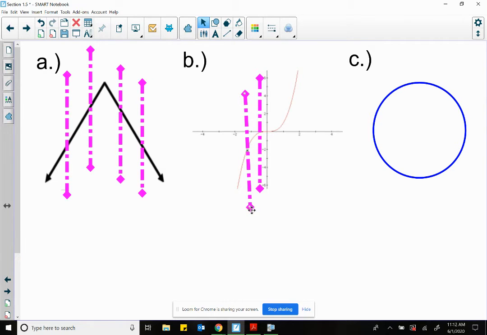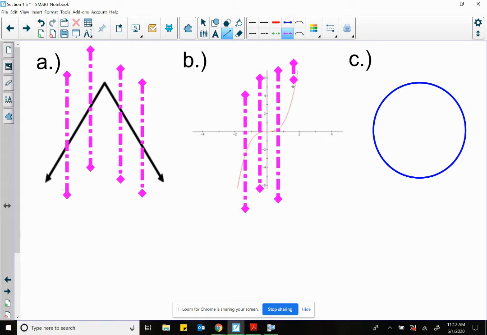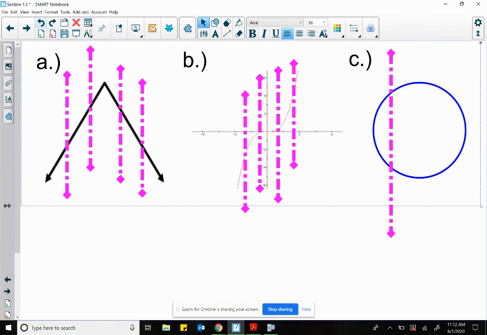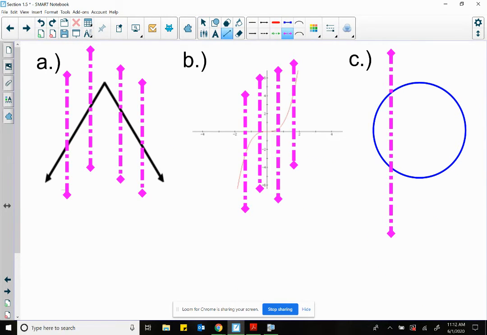That's not so vertical, Mr. Armstrong. There we go. I don't want to move my picture. Come on now. Vertical lines, lots of fun.